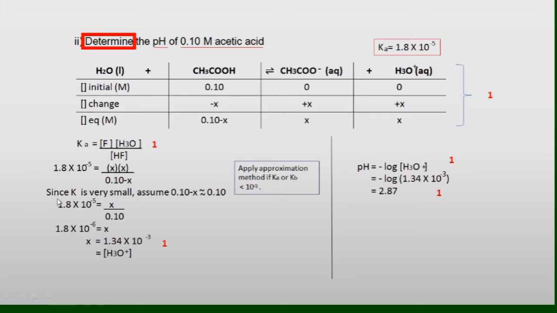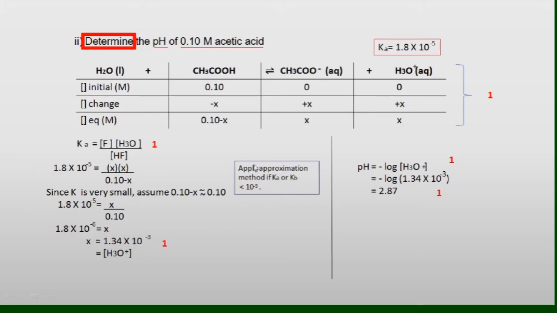Okay, since K is very small, assume 0.10 minus X to be only 0.10. Only apply this method if the K, concentration of acid or concentration of base given, is less than this.